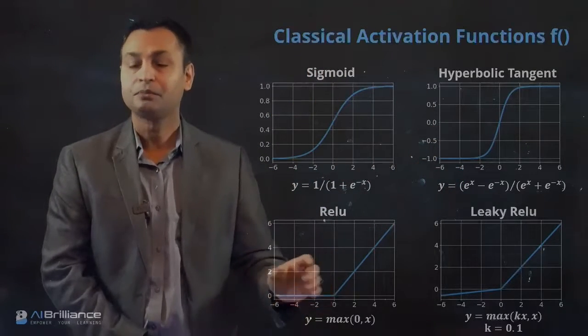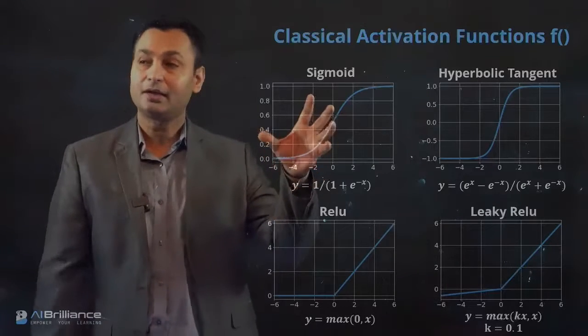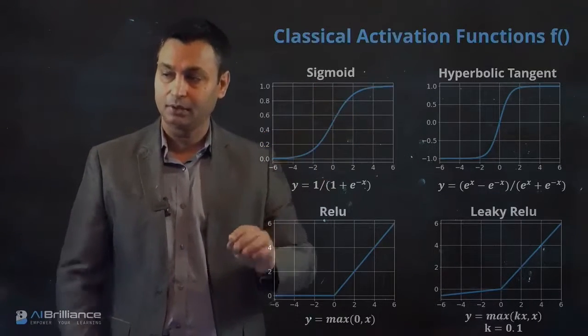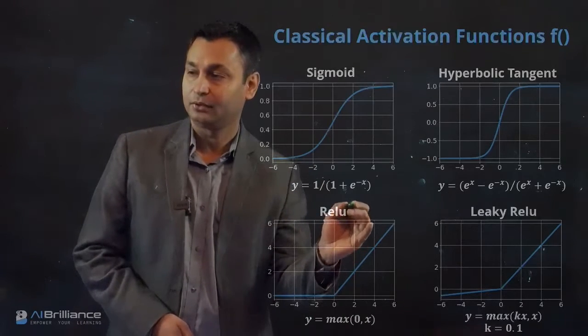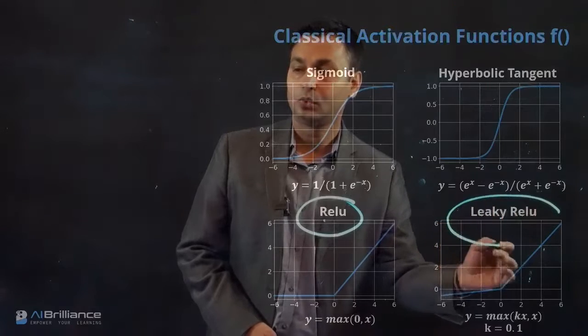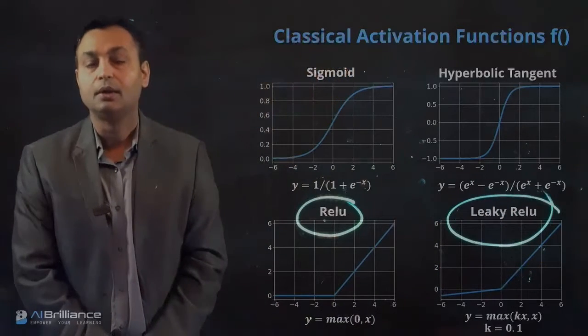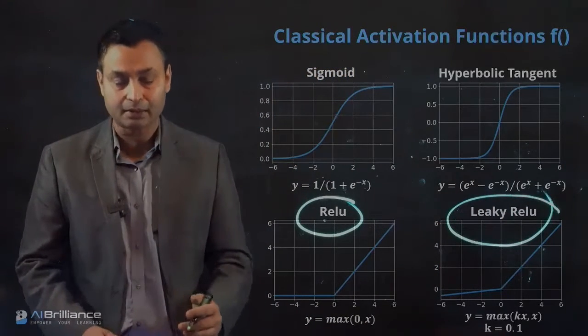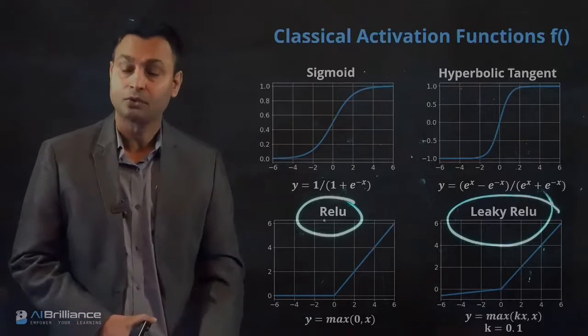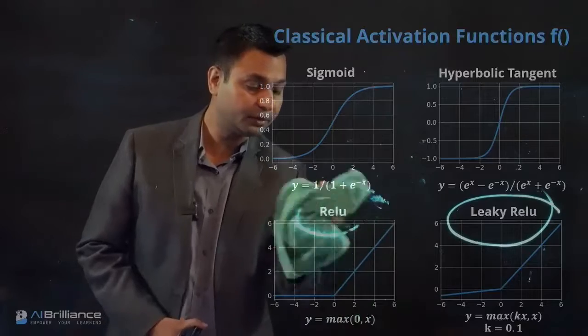If the problem is binary classification, maybe the last output node could be sigmoid, but in general, right now, by de facto, ReLU and leaky ReLU are the two main activation functions being used by practitioners in research or in practical application. Okay, so those are the four activation functions.